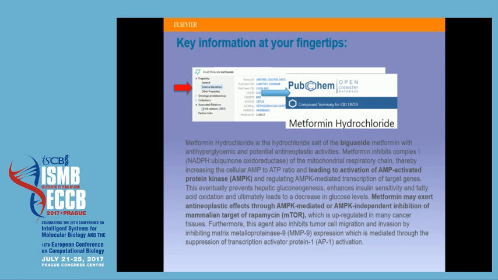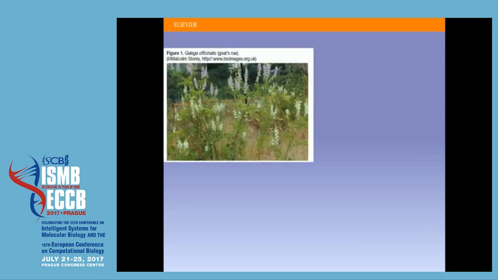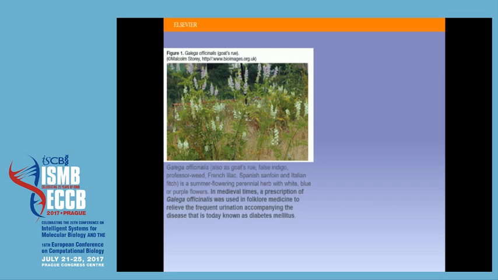Now, it turns out that metformin is actually a very interesting drug. So we'll take a little sidebar for a moment. Metformin comes from Galega officinalis, which is a herb which grows wild. It was used in the medieval age to treat frequent urination, which we now know is associated with diabetes mellitus. So it was actually used in the Middle Ages as a drug to treat diabetes.